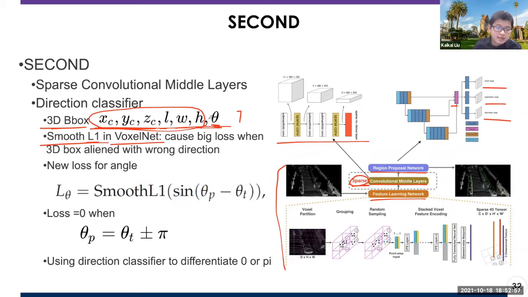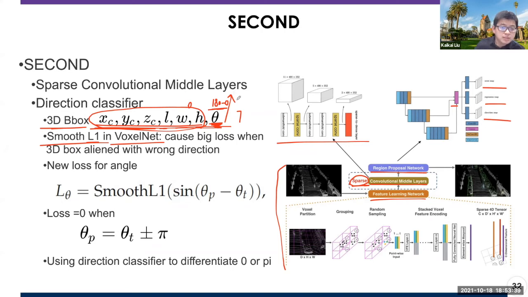But the problem people find is that if there are 2 bounding boxes, one is a car facing you, one is leaving you, for these bounding boxes all the previous 6 elements overlap. XC, YC, ZC, L, W, H are exactly the same. So for these 6 elements, the loss is 0. Actually, it's good. But for the theta, because the direction is inverse, the theta value is very, very high. The theta difference, for example, is 180 degrees minus 0, which is the highest.